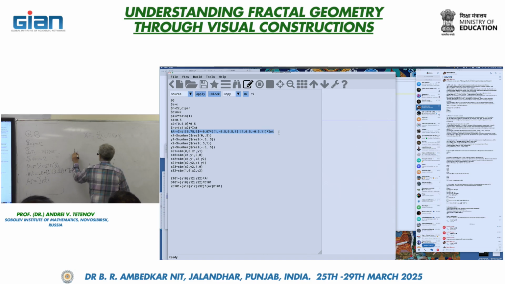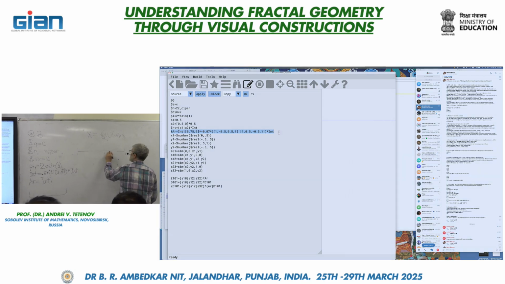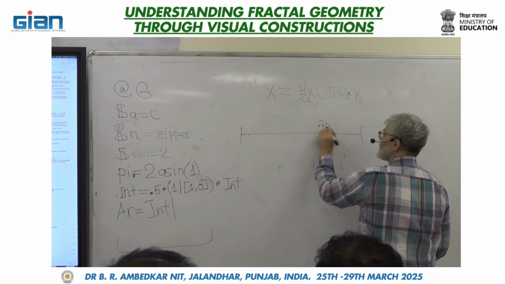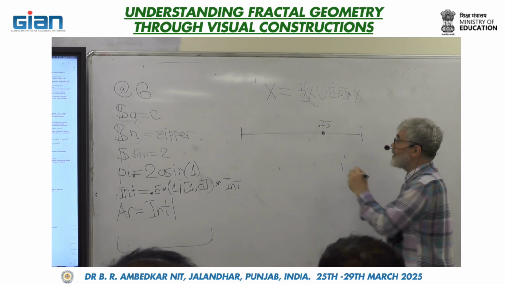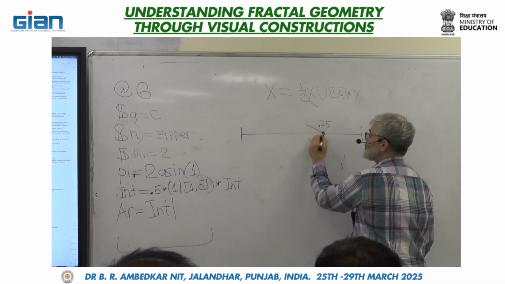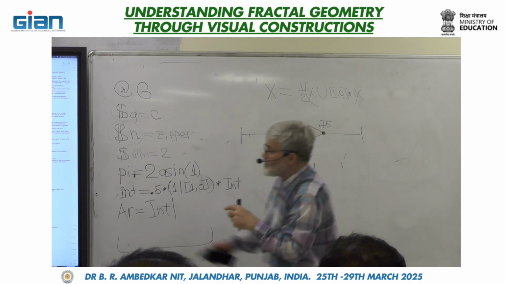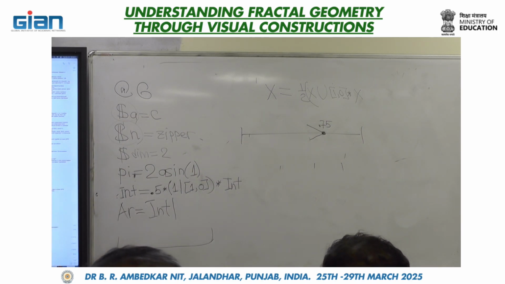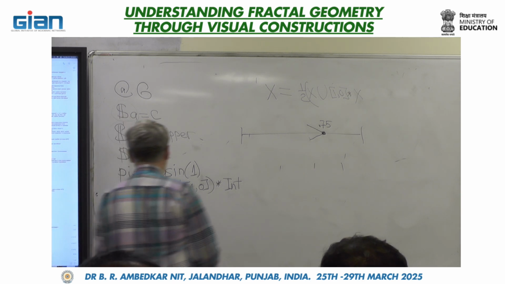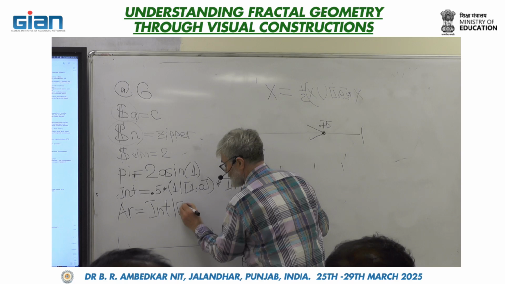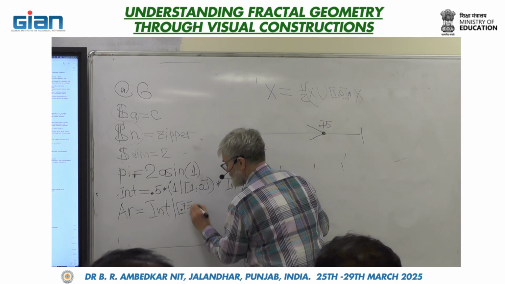How to draw an arrow? I take the interval, I take 0.75, and attach here two small intervals. So here it is written, I take 0.75, 0.75, 0.